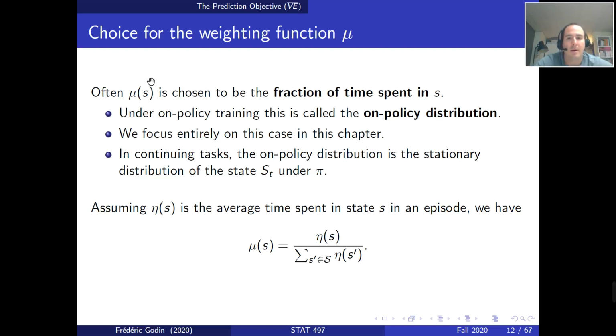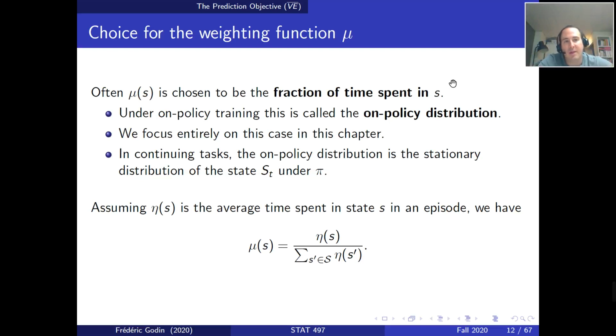By having mu(s) be the fraction of time spent in state S, you put higher weights on errors of states visited more frequently, which makes sense. You penalize more heavily errors for states that are more relevant and visited more often.